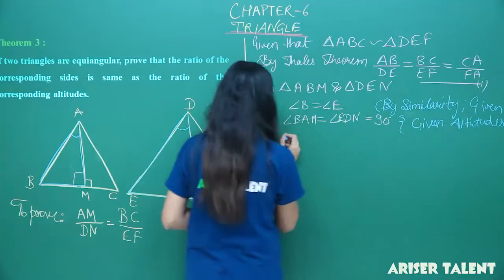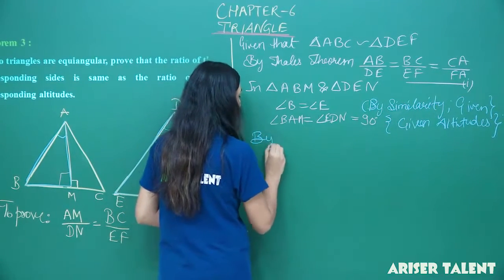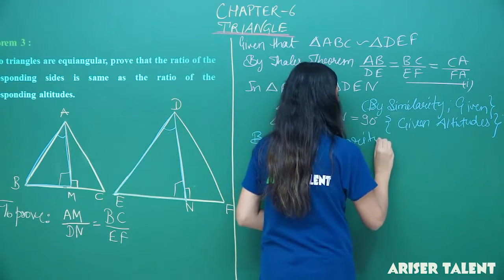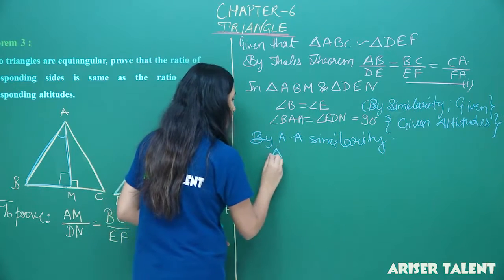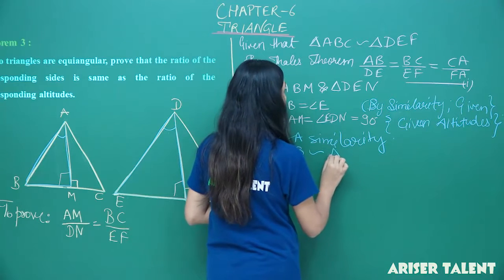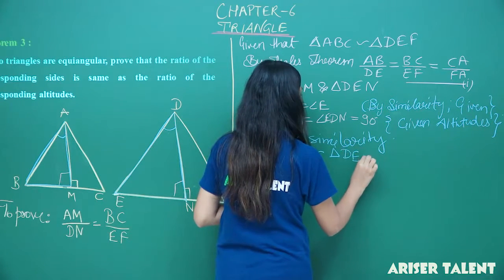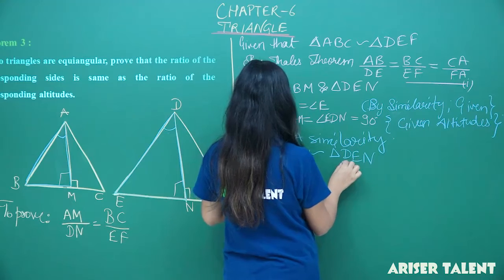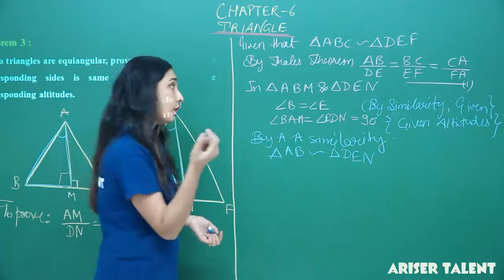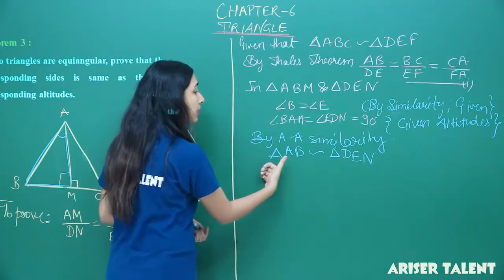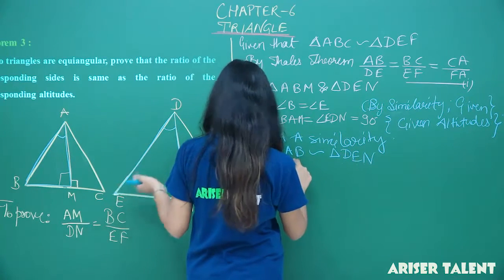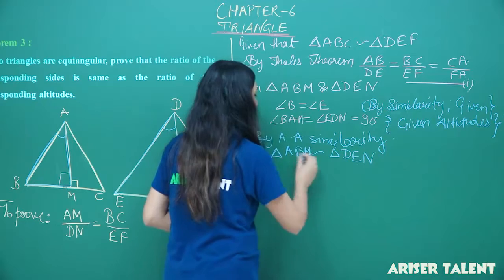So just write it: by angle similarity, triangle ABM is similar to triangle DEN. Right, students. So by applying Thales theorem again to these two particular triangles, I haven't written something here, AB and M. Okay.